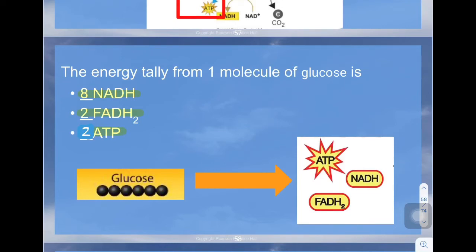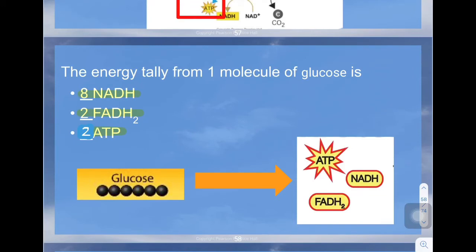Because each turn around the Krebs cycle is only accounting for half a molecule of glucose. So we have to turn it twice in order to get the full molecule of glucose and to generate these totals. So 8 NADH, 2 FADH2, those are our electron carriers, and just 2 ATP.